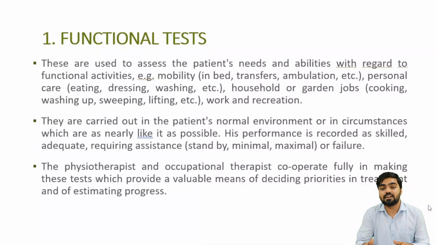If any failure or unwanted movement occurs, or you are not predicting whether the patient may fall or not, you should plan for all possible failures if the patient is not able to do the task. So you should take all the precautionary measures. The physiotherapist and occupational therapist cooperate fully in making this test, which provides a valuable means of deciding priorities in treatment and of estimating progress.